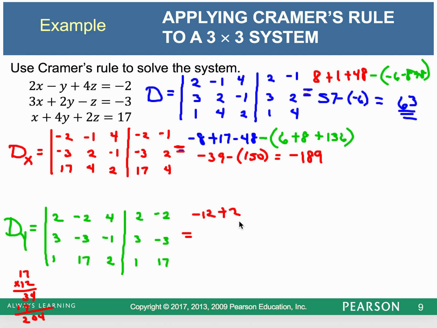Okay, plus, where are we at? This one, this one, this one. Okay, plus 204. Minus, now the opposite direction, negative 12 minus 34 minus 12.